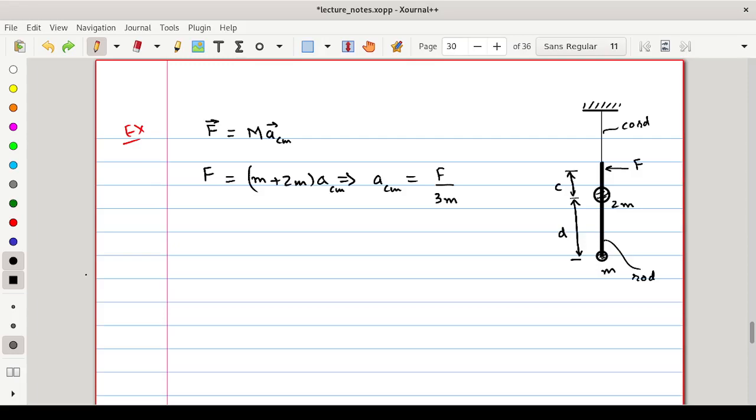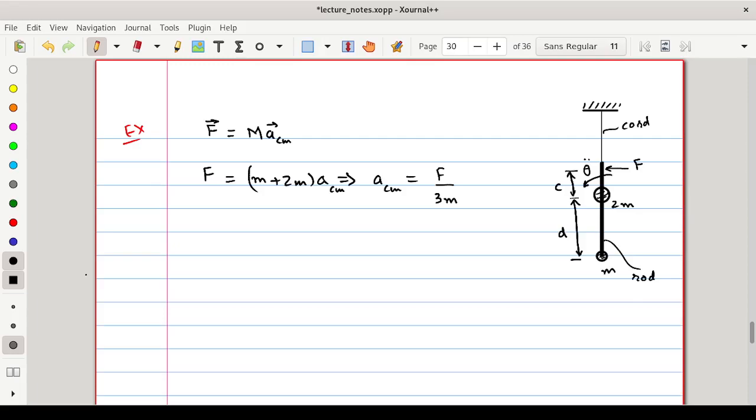Now the second thing we are asked is the rate of change of angular velocity of this rod, that is, we are asked to find theta double dot for this rod. To do that, we will first locate the center of mass of this system.